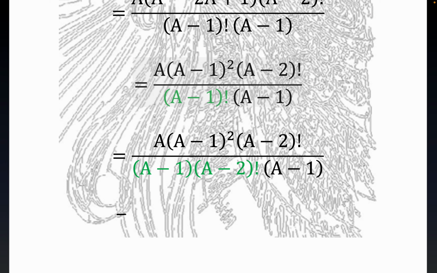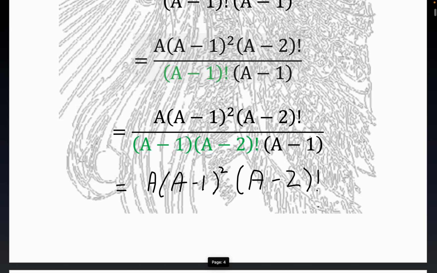This would be equal to, I'll just recopy the numerator, a times a minus 1 quantity squared, times a minus 2 factorial. I could basically just say, can you see it? But we'll just be explicit here.